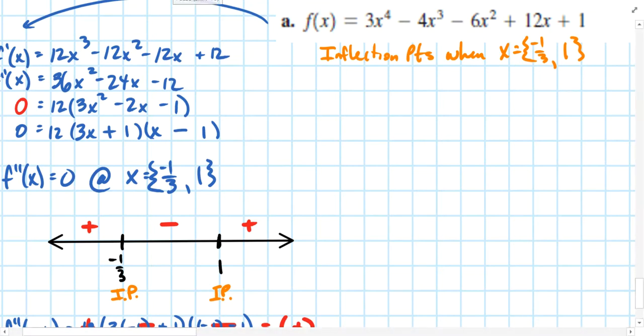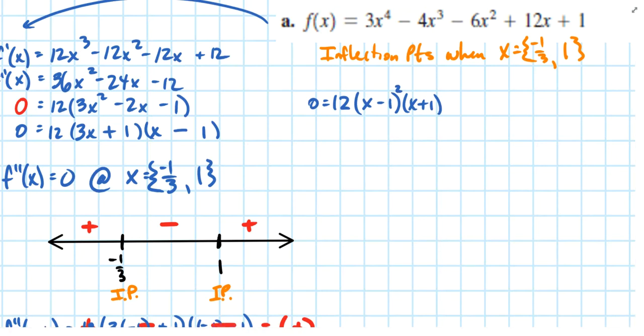Now, just to show how the first and second derivative tests can work together, I'm going to think about this first derivative again. And if you recall, it factored like this: 12 times x minus 1 times x plus 1, but we ended up having 2 of those x minus 1s, so we squared that factor.